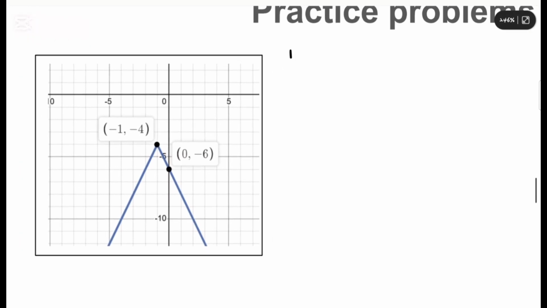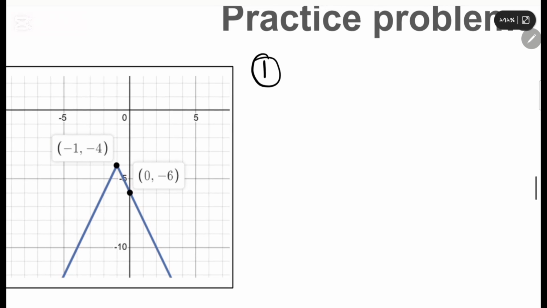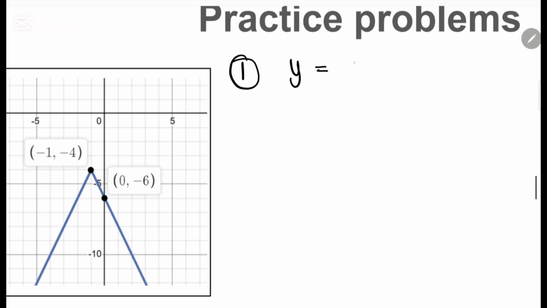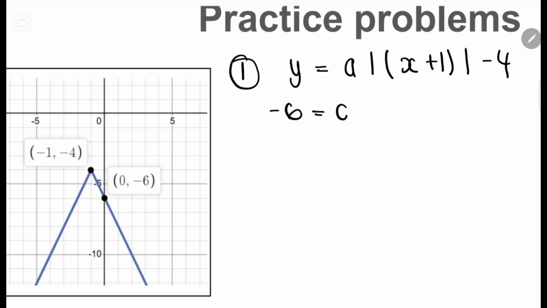Okay, so let's try some practice problems. First one, we identify the vertex, the peak, whatever you can call it. I'm going to choose to, again, solve for a, assume b is 0. It's really simple, it's just plugging in numbers.